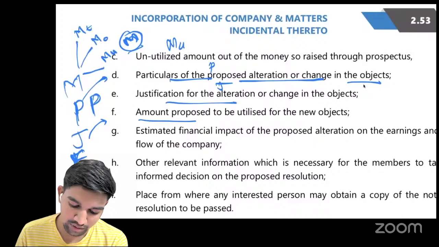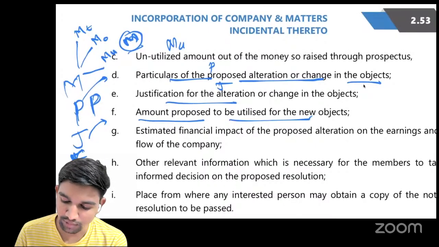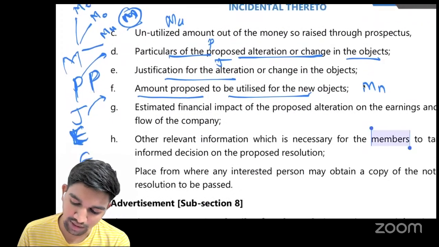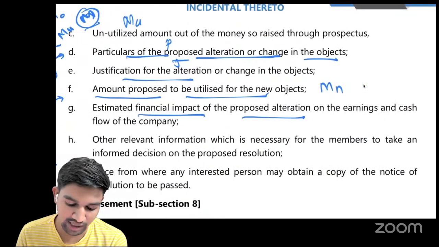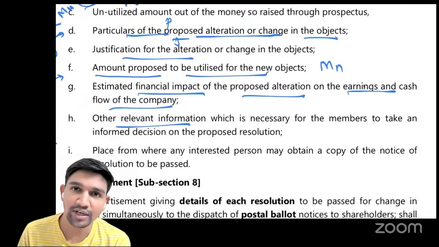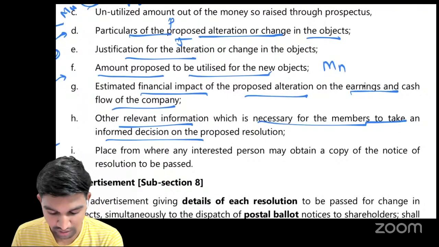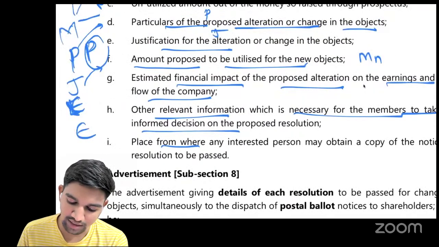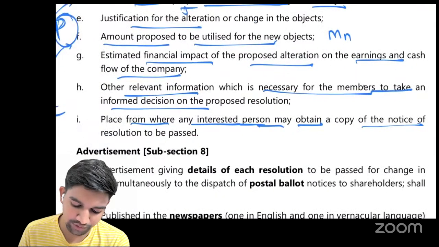The amount proposed to be utilized for new objects must be disclosed, along with the estimated financial impact of the proposed alteration on the earnings and cash flow of the company. Then other relevant information necessary for the members to take an informed decision on the proposed resolution, and the place where any interested person may obtain a copy of the notice of the resolution to be passed.